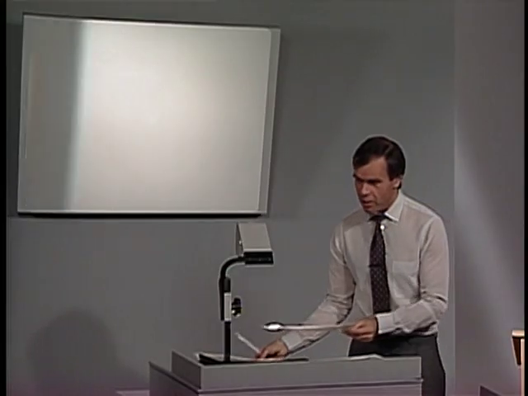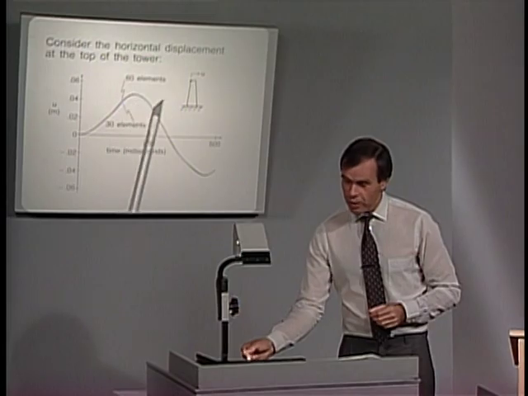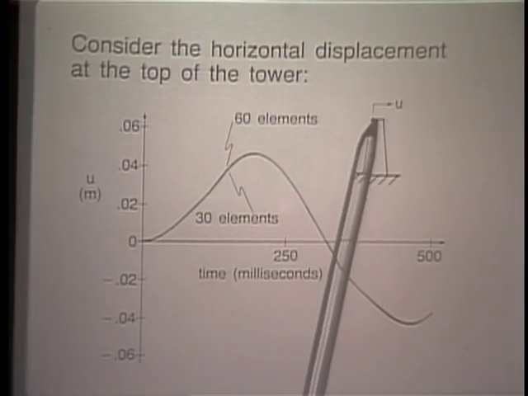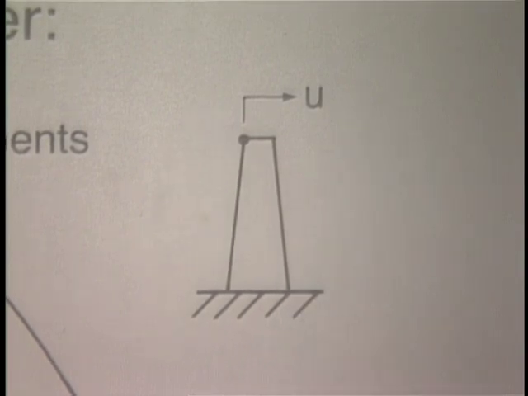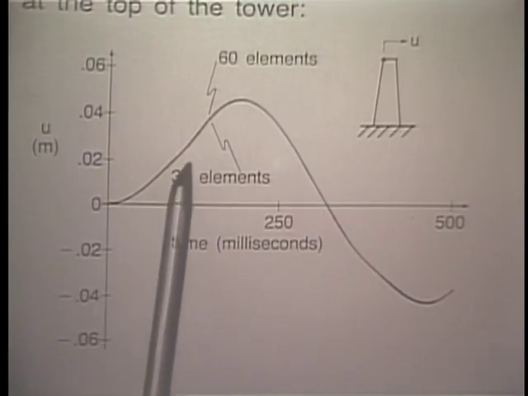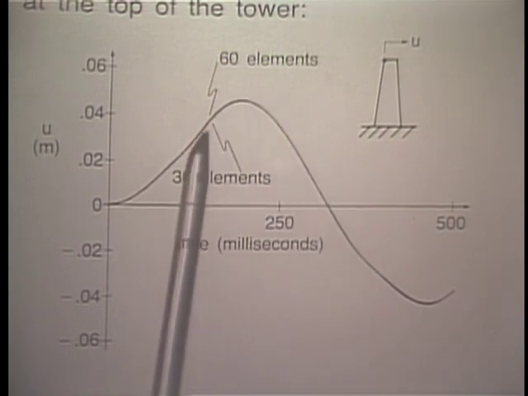Let's look now at the actual response that is calculated. Considering the horizontal displacement at the top of the tower, denoted as u here, we find that in fact the 30-element mesh and the 60-element mesh give virtually the same response.